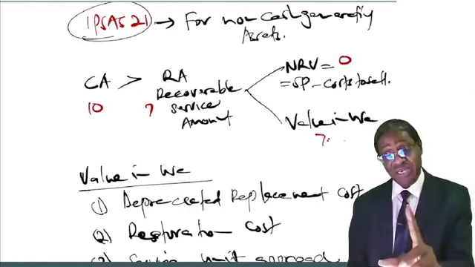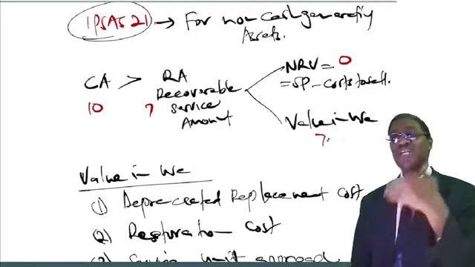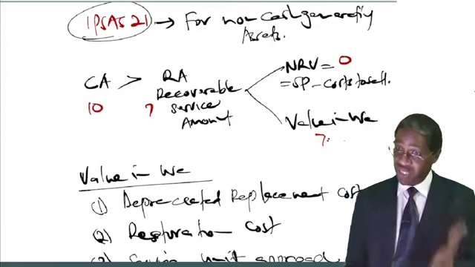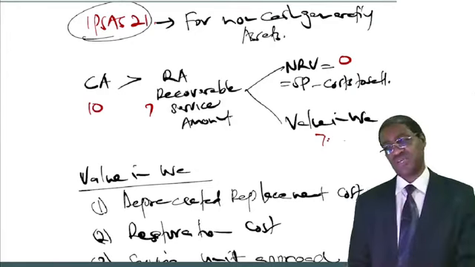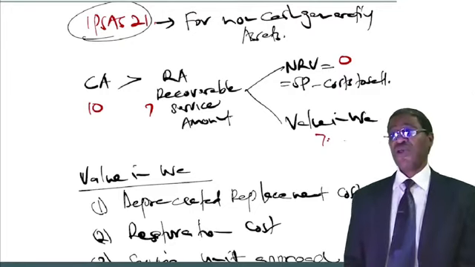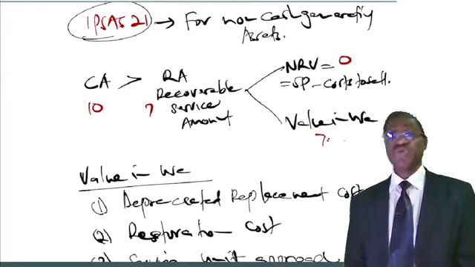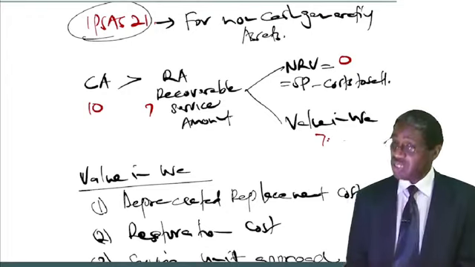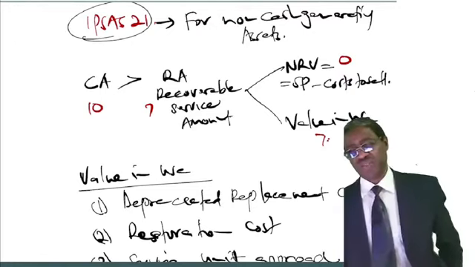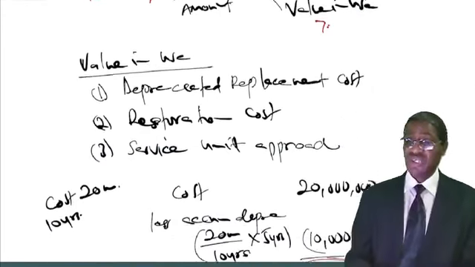If the carrying amount is higher than the recoverable service amount, we say that asset has suffered impairment. In this illustration it has suffered because the carrying amount is 10 million while the recoverable service amount is 7 million. So it has suffered a loss of 3 million. Good. So I'm through with the second method of computing the value in use.